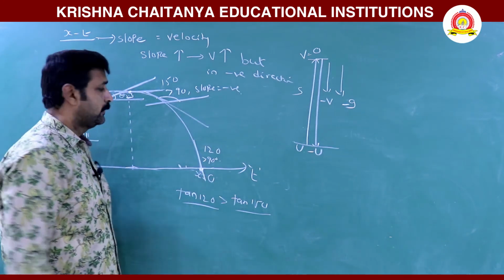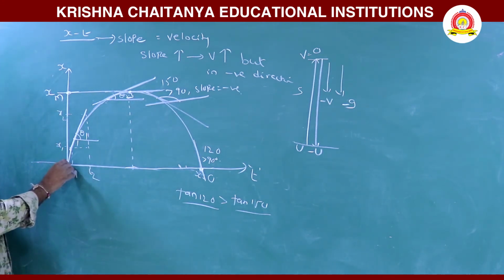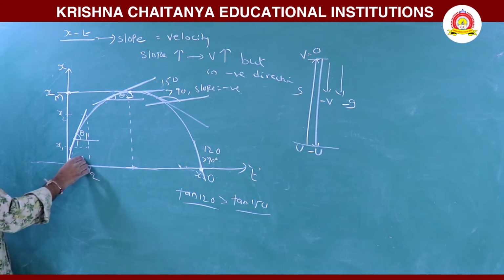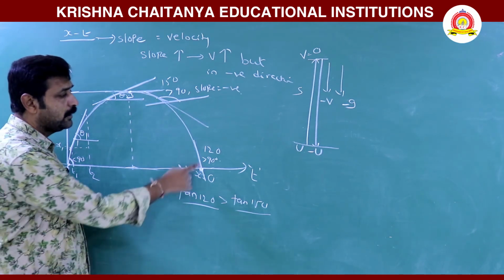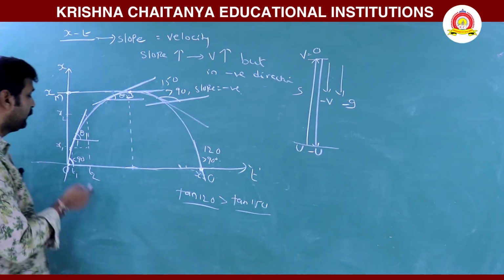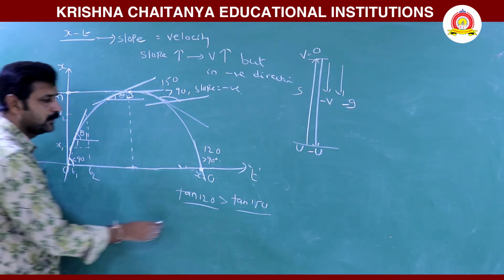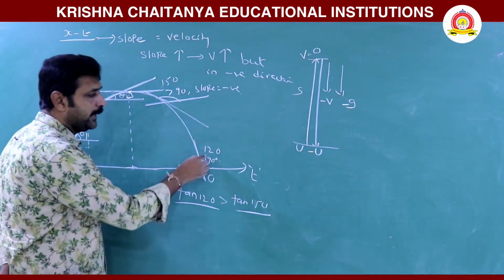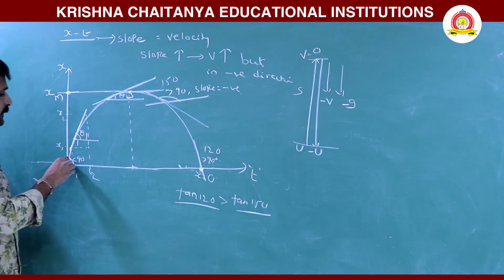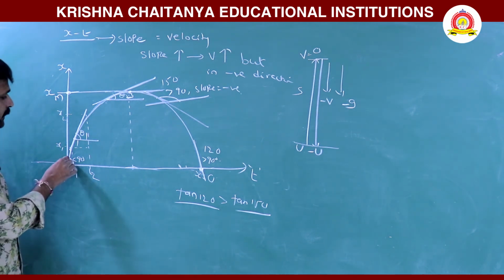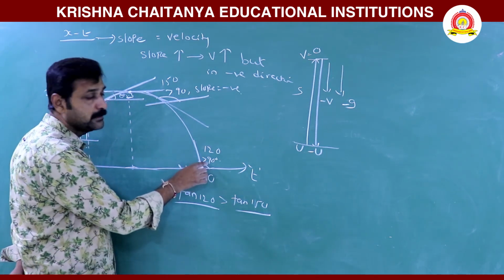But here the slope is negative, so velocity increases in the negative direction. Here the angle is less than 90, so this is tan 60. Here the angle is greater than 90, so this is tan 120, which equals cot 30 in magnitude.